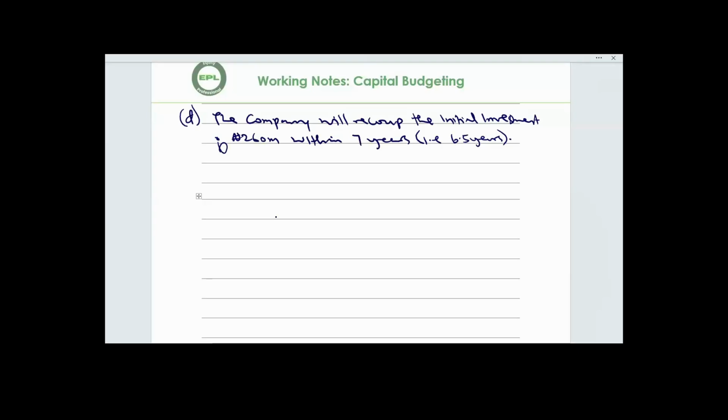However, in this question, we are not given the management targeted payback period, so there's no basis.